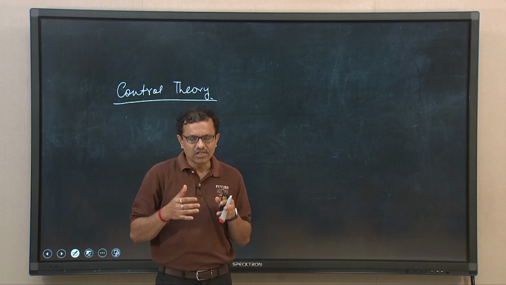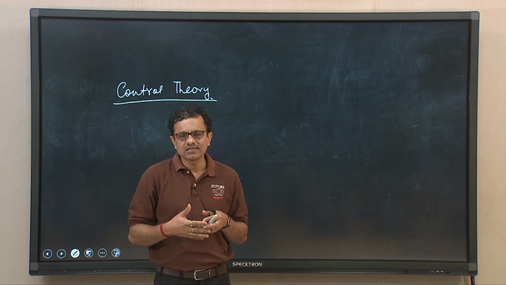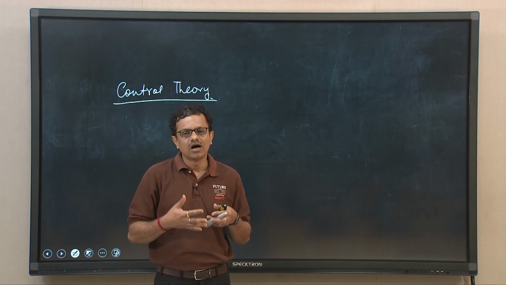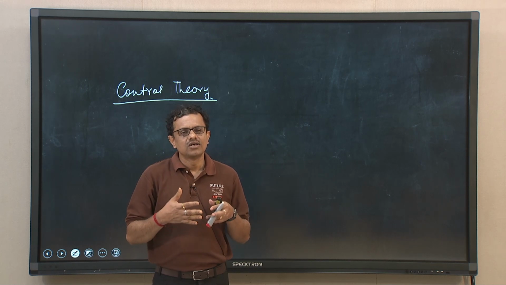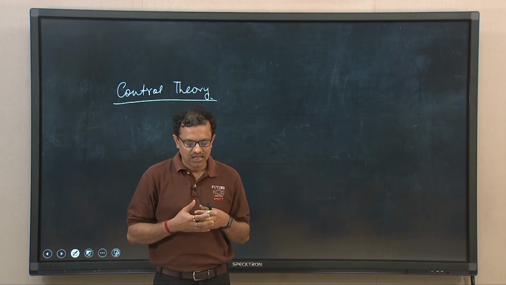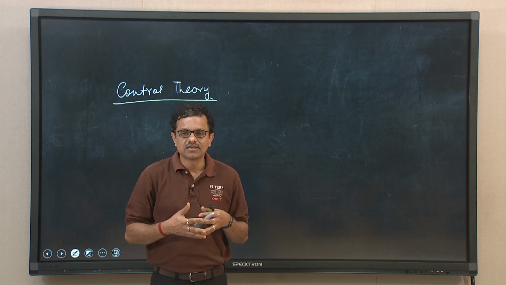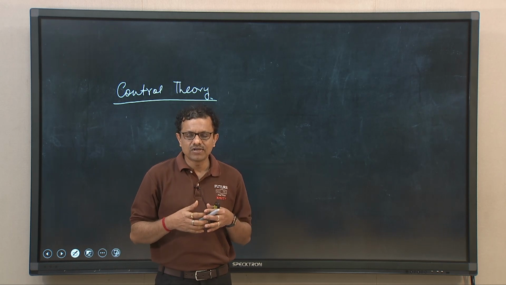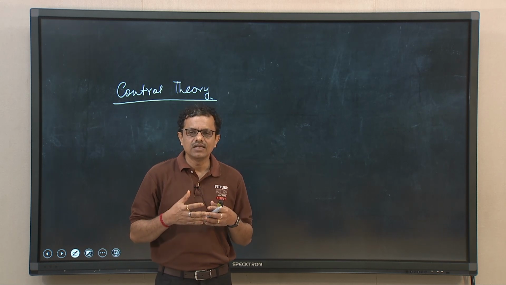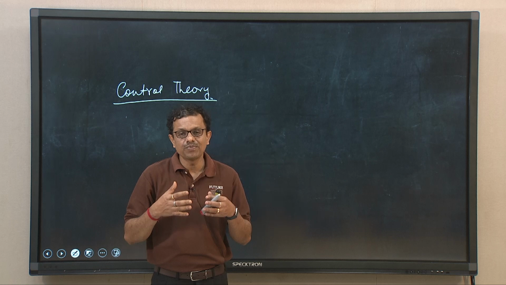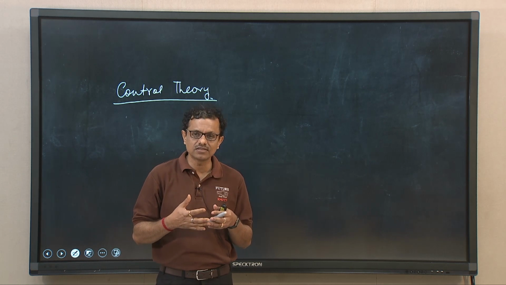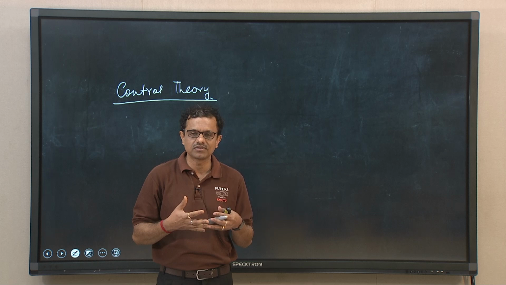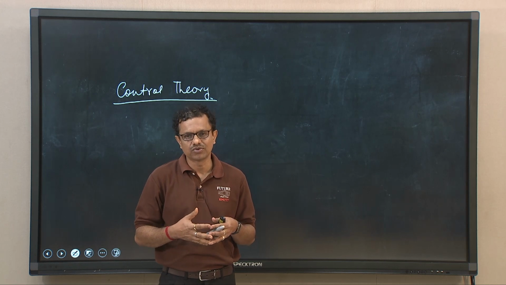Control theory is a branch of engineering and mathematics that deals with how to control a system or systems to obtain the desired output. Let me repeat once again: control theory is a branch of engineering and mathematics that deals with how to control systems and to obtain the desired output.